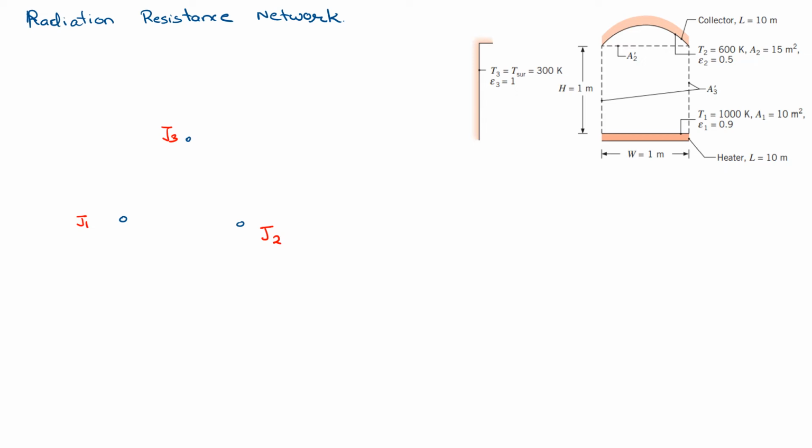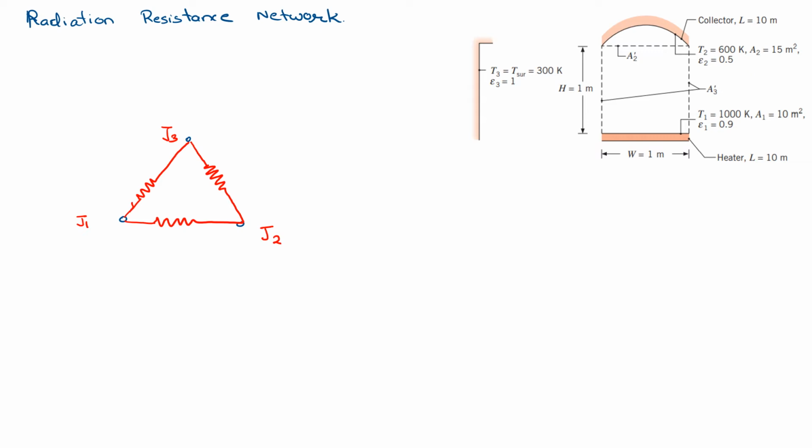The resistance between radiosities will always be the resistance due to the view factors. Between 1 and 3 there's just one resistance, so let me draw that. Then there's one resistance between 2 and 3, and one between 1 and 2.